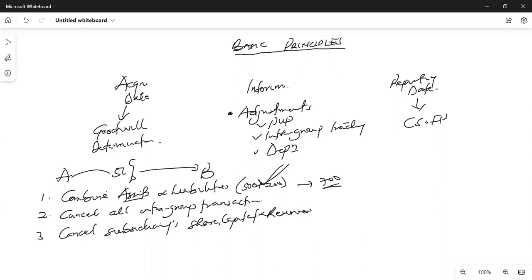So in effect, what we are saying is that you are going to add the assets and the liabilities. You are going to cancel off the capital of the subsidiary, so what remains in the capital is the parent's only.